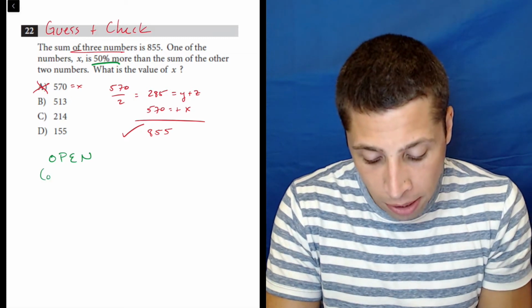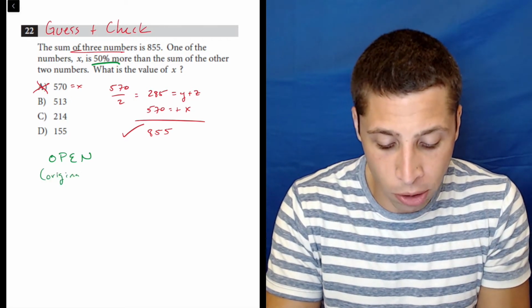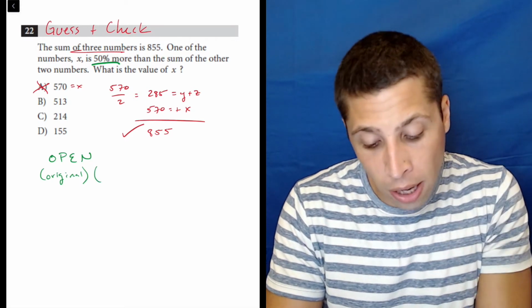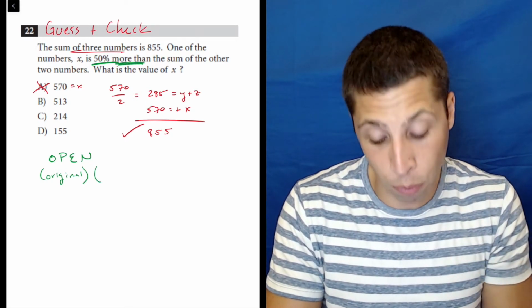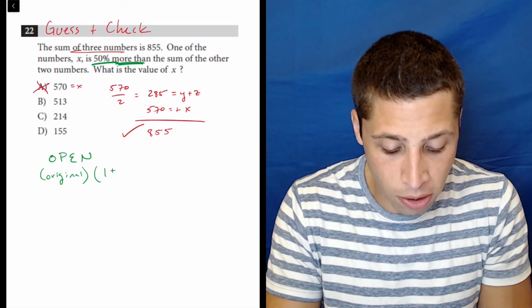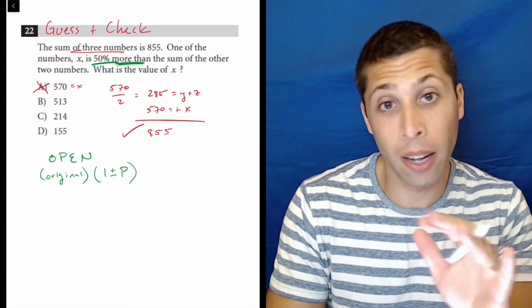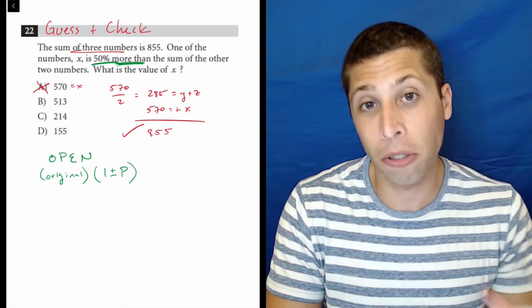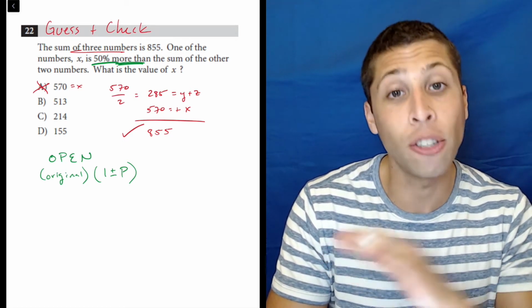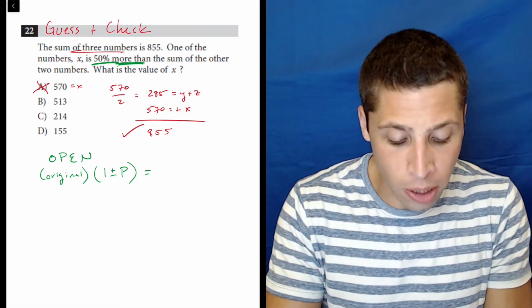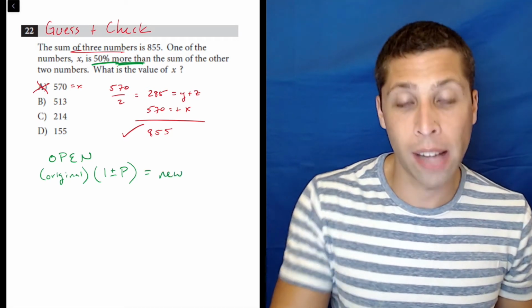So O stands for the original value, P stands for the percentage. Now, when I talk about 50% more than, we're going to talk about a percentage increase. So it's going to be either plus or minus to an original amount. So 1 plus or minus P is how we represent a change of a percentage. More about that in a second. E stands for equals and N stands for the new value.